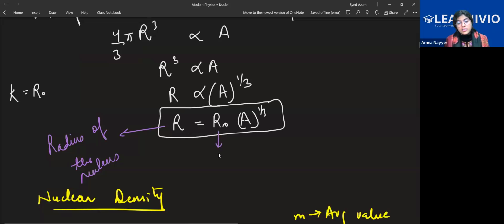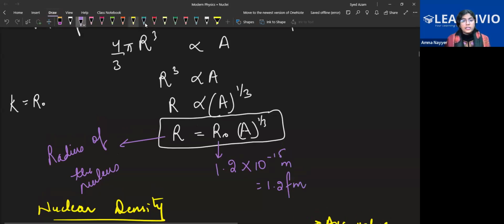R naught is a constant term whose value is 1.2 into 10 to the power minus 15 meters. So this is written as 1.2 Fermi meters also. 1 Fermi meter means 10 to the power minus 15 meters.